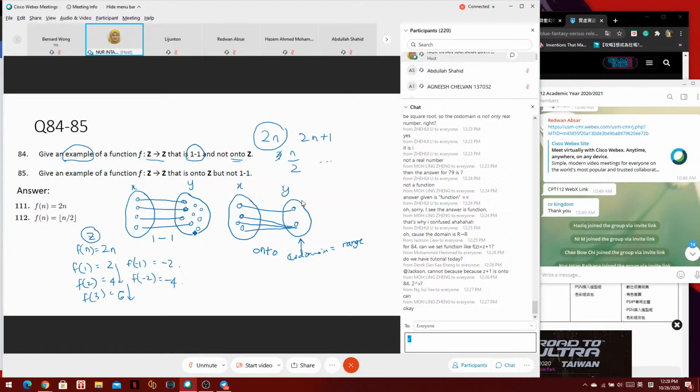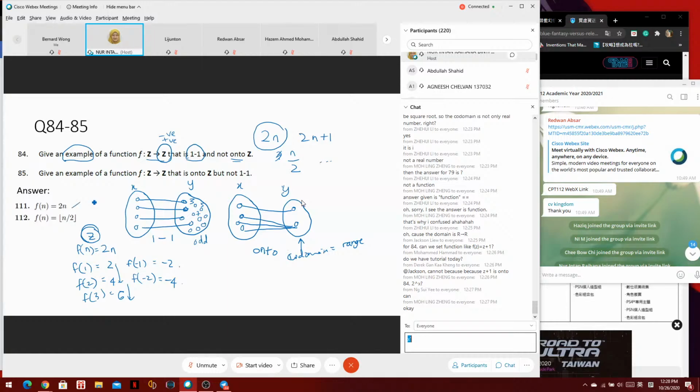But it also has values in y that are not mapped by x, for example number 3, number 5, number 7. So all the odd numbers will not be mapped by x. But they are included in the codomain because it's Z, which includes negative and also positive numbers. So this is 1 to 1 and not onto.